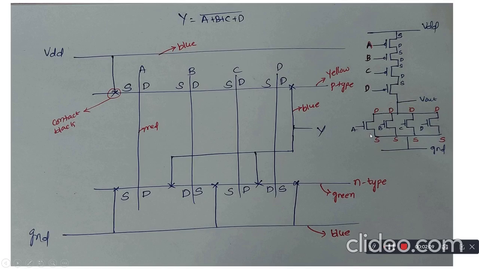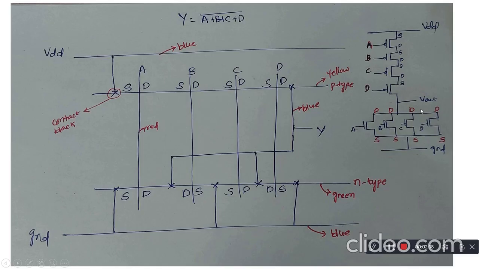So all the transistor sources are connected to ground, and the drains are connected to output. In the PMOS, the source is connected to VDD. Continuing, A's source is connected to VDD, then A's drain, and B's source is connected to A's drain, similarly it goes on, where D's drain is connected to Vout. Here you have to write drain, which is connected to the Vout.